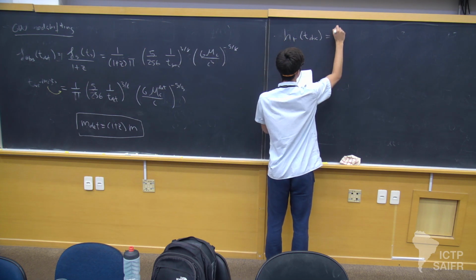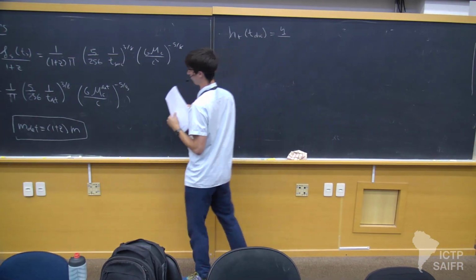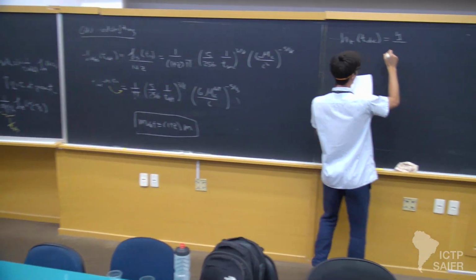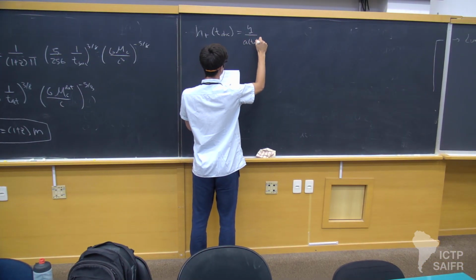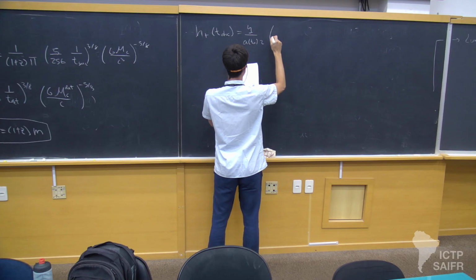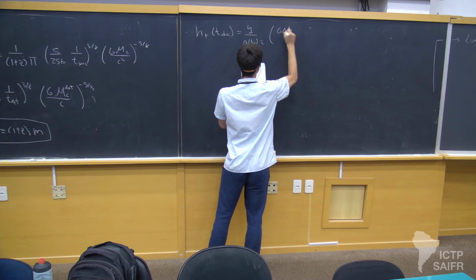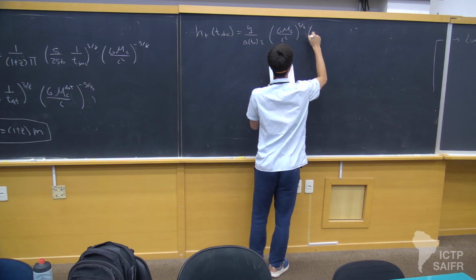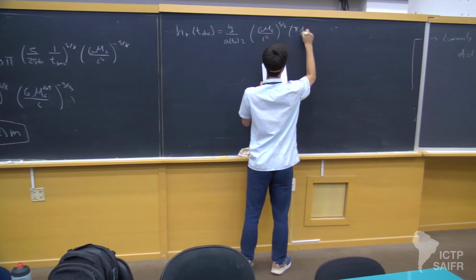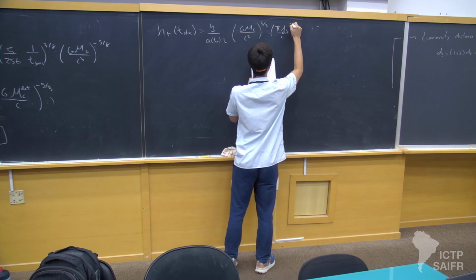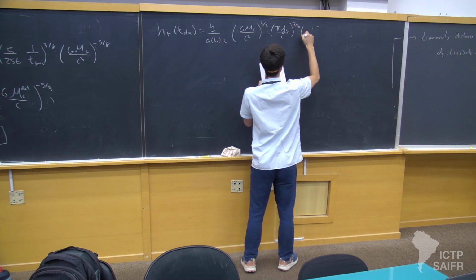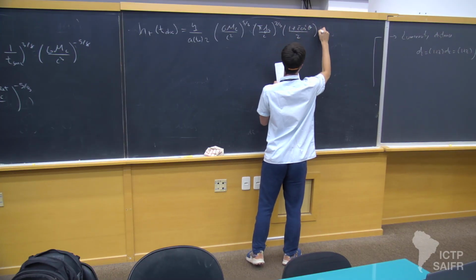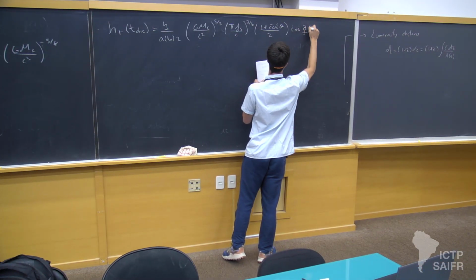So we have to put the scaling that we have derived here, the scaling with 1 over the scale factor R, and then we have G, the chirp mass squared to the 5/3, and then pi, the frequency at the source to the 2/3, and then 1 plus cos squared theta divided by 2, and then cosine of phi.